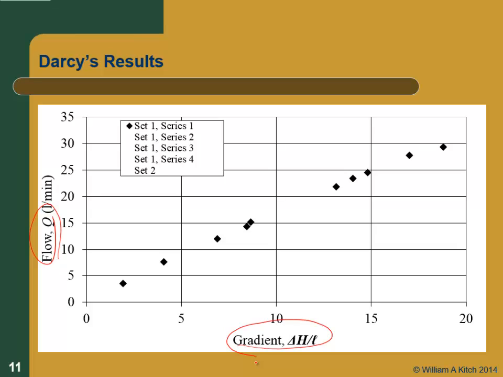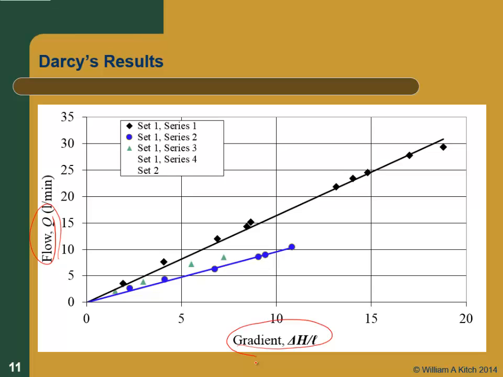He plotted one set of data at different flow rates, and that looked like a straight line fit that one pretty well. And he plotted for a different test with a different sand. And he did a third one, and a fourth one, and a fifth one. And he said, looks pretty linear.